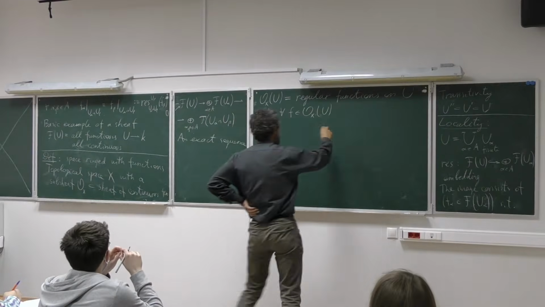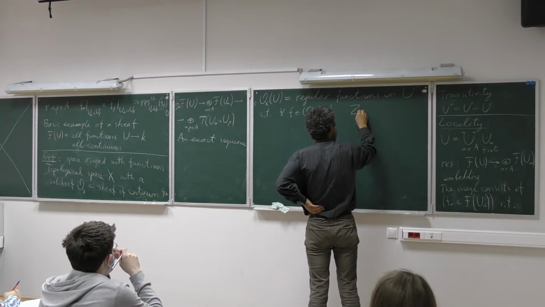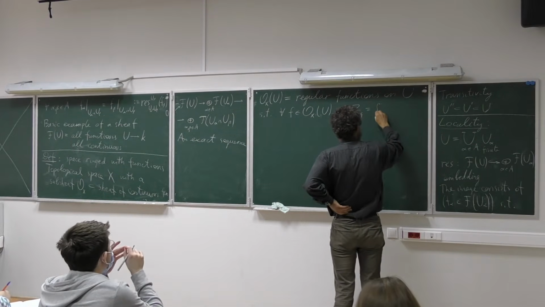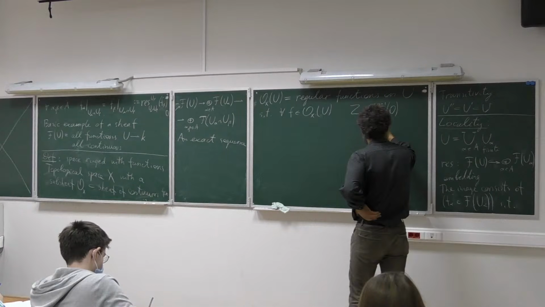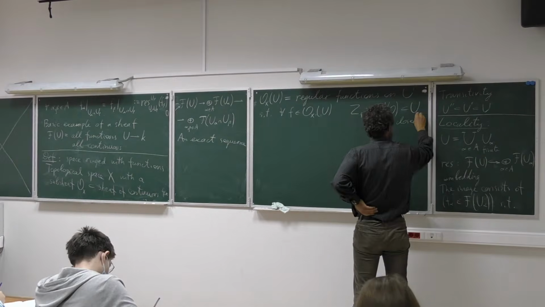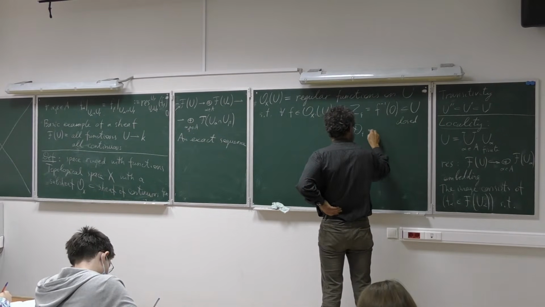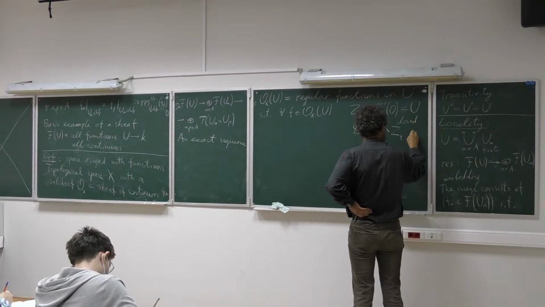So the zero set, f inverse of 0, is closed, and D(f), the complement of this closed subset, is open.